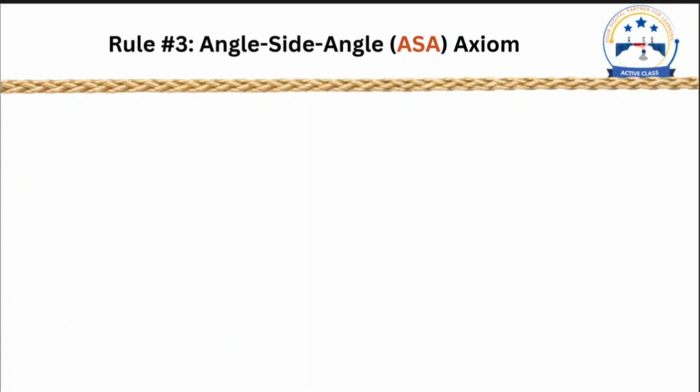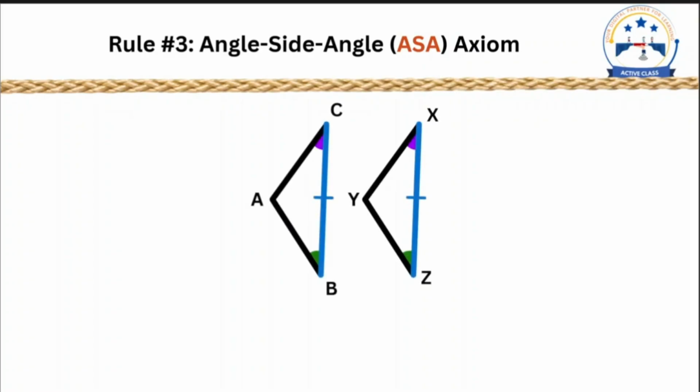It's time for angle side angle axiom, that is ASA axiom. Have a look over these two triangles. They are congruent by angle side angle axiom.